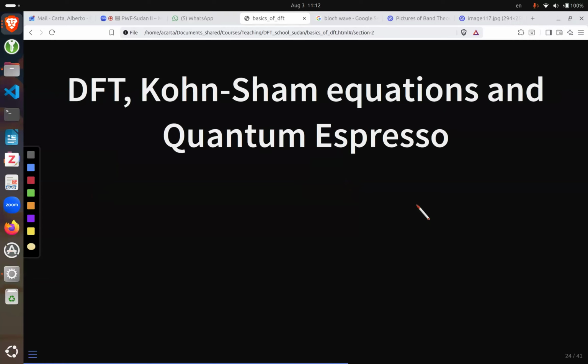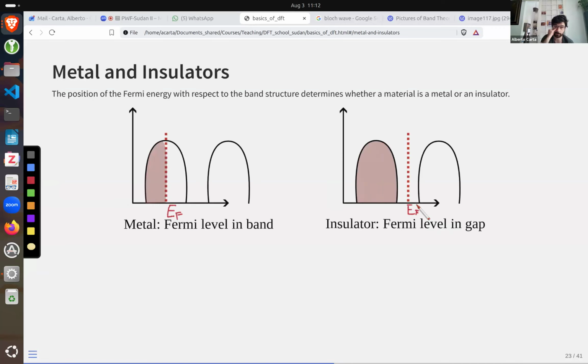Can you go to the previous slide? Yes. I understand this sketch in another way. In an insulator, there are no states after the Fermi level, so there are no electrons, no occupation, and therefore there will not be any movement. Exactly. So it is an insulator, and in the metal there are a lot of states, right?